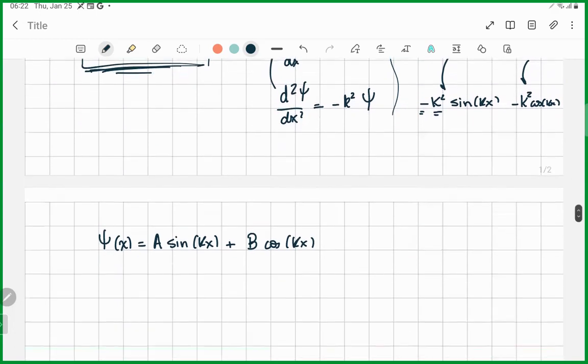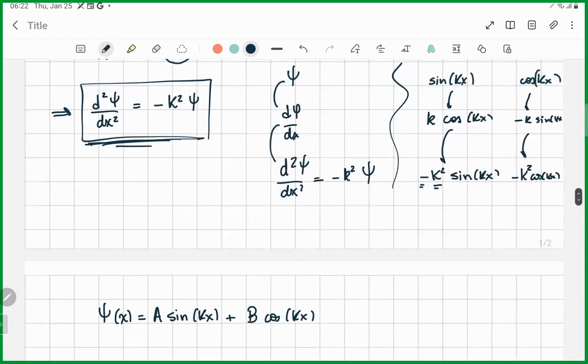So that's it. We found the function that is solution of this equation. All right, great. But there are some issues.